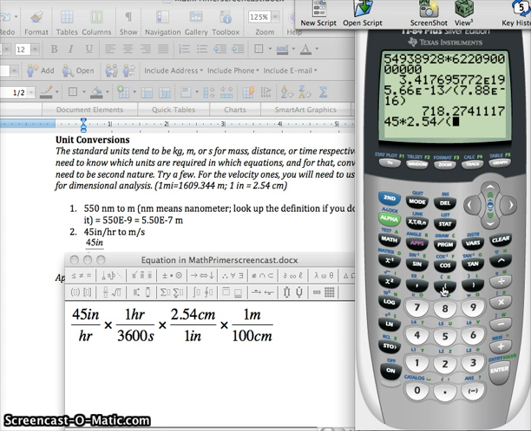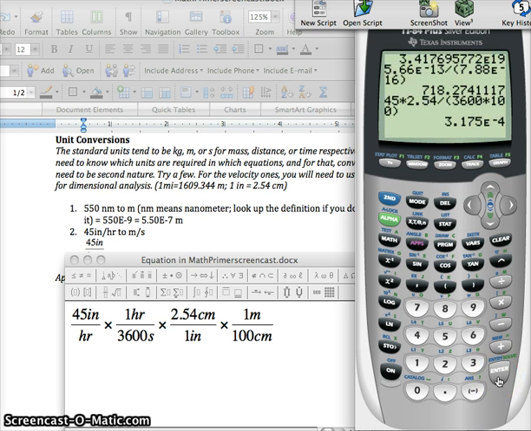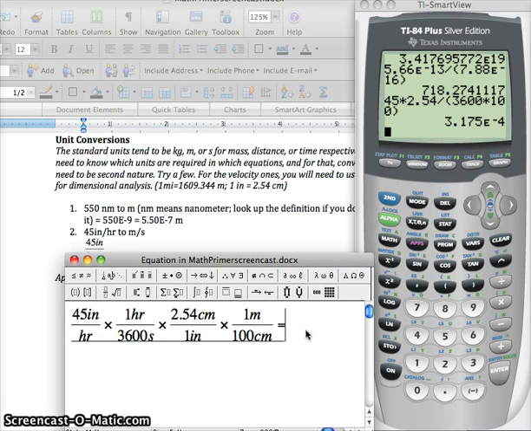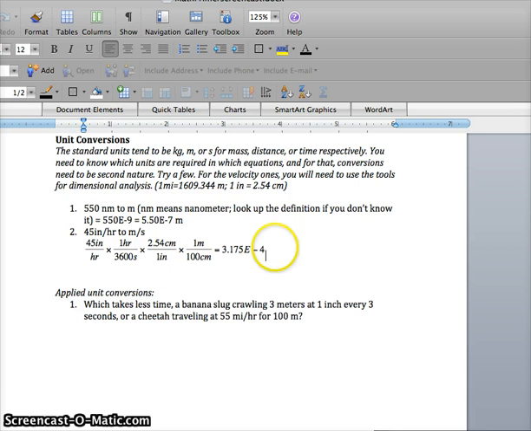So 3600 times 100, and close parentheses, and that's it, 3.175 e negative 4. So there's our answer, equals 3.175 e negative 4, and that's meters per second.